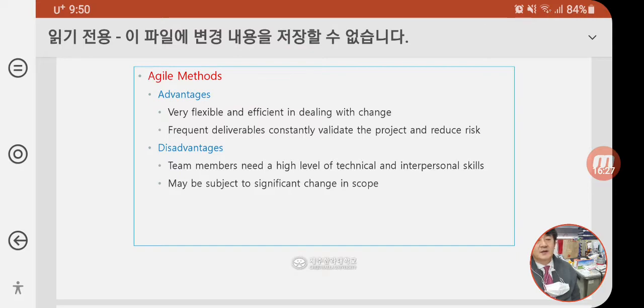But the Agile method has some disadvantages. Team members need a high level of technical and interpersonal skills. The Agile method may be subject to significant changes in scope.